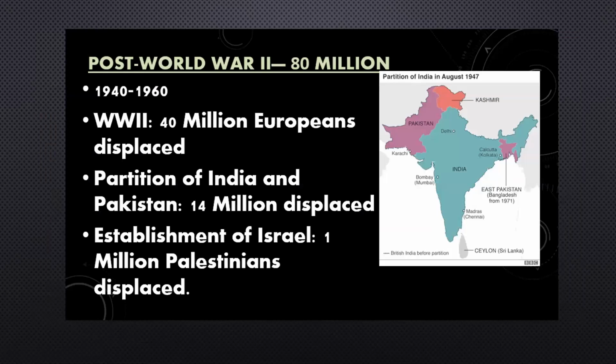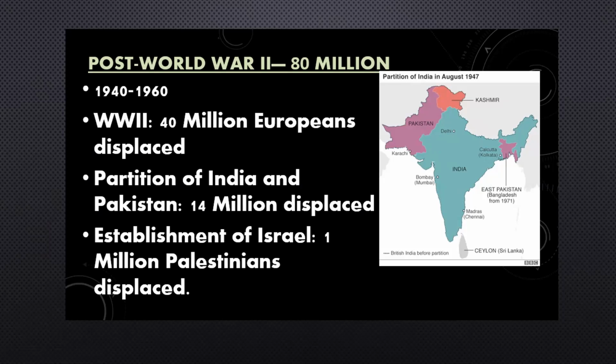I'll come back to these in a minute. But we could look at history, the last 60, 70 years, and pinpoint some examples of large scale forced migration. World War II, 40 million Europeans were displaced because of the war. The partition of India and Pakistan, 14 million displaced.